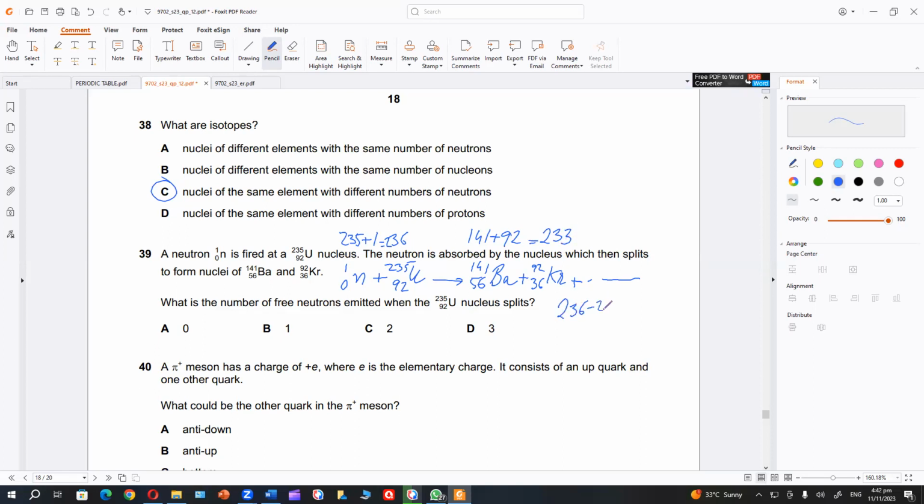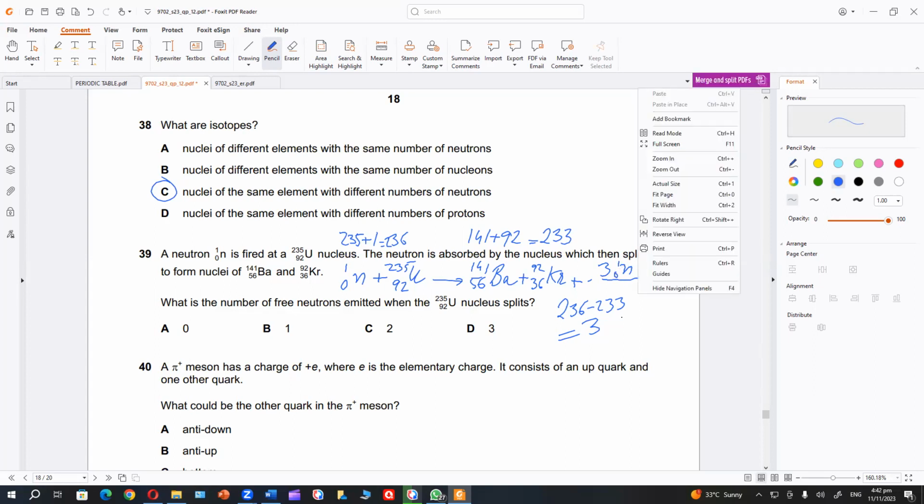So you'll get 236 minus 233, it's 3. And one neutron is costing 1. So it will be 3 n-1-0. So now select the answer D, C, what?